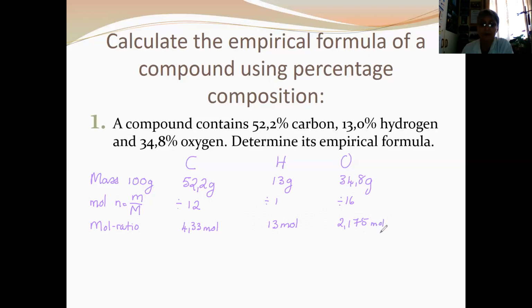So we need to find a method to change these decimal numbers to integers. So we change them to integers by dividing by the smallest. The smallest number is the 2.175. So I divide the 2.175 by 2.175 and I get 1.